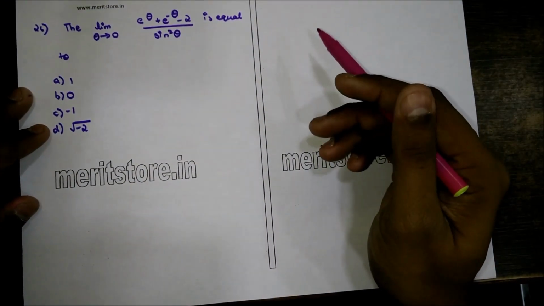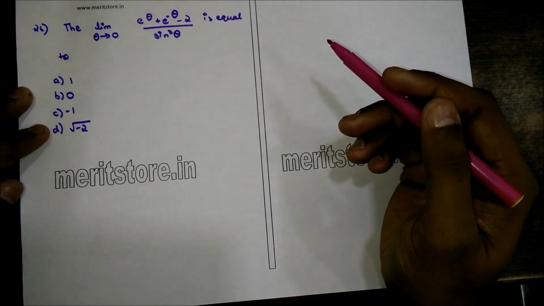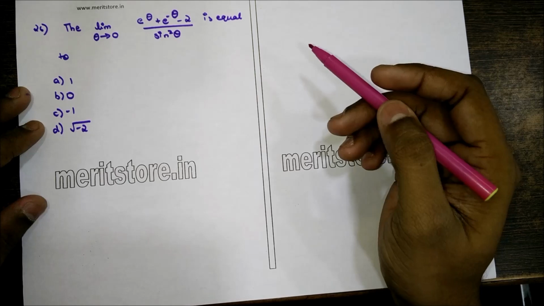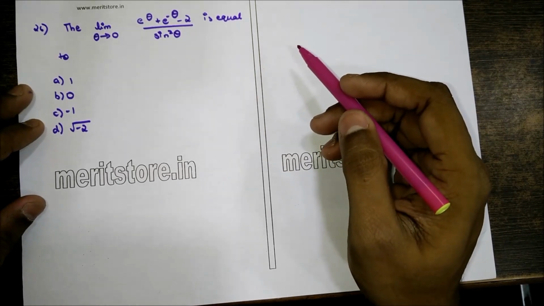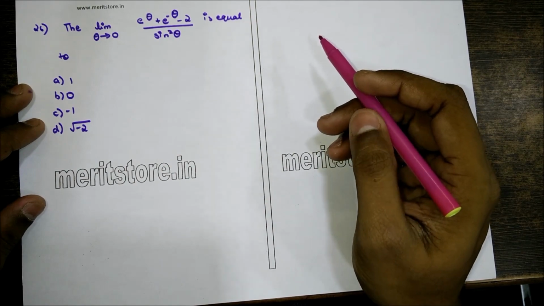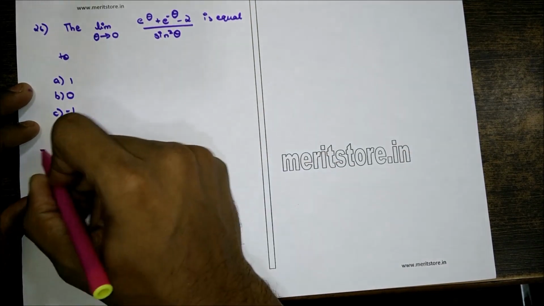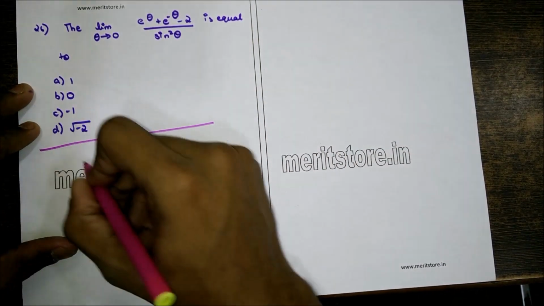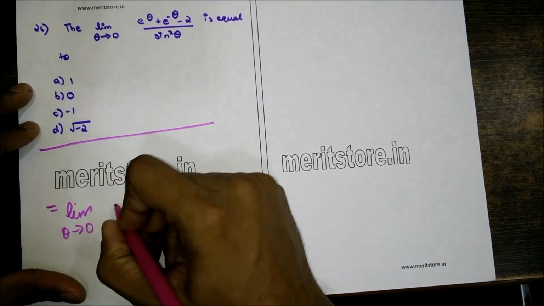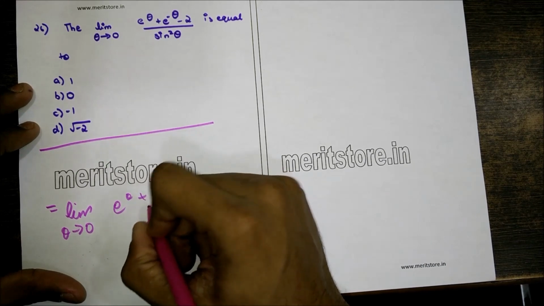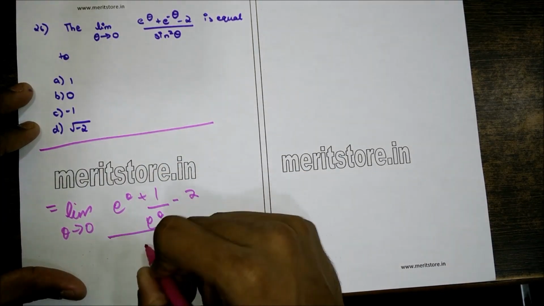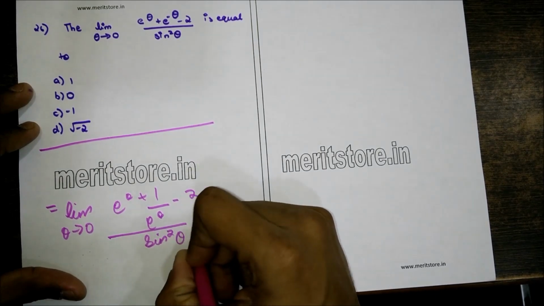The limit of theta tends to 0 (e raised to theta plus e raised to minus theta minus 2) upon sine square theta is equal to a 1, b 0, c minus 1, or d root of minus 2. So we can write the term as limit of theta tends to 0 (e raised to theta plus 1 upon e raised to theta minus 2) upon sine square theta.